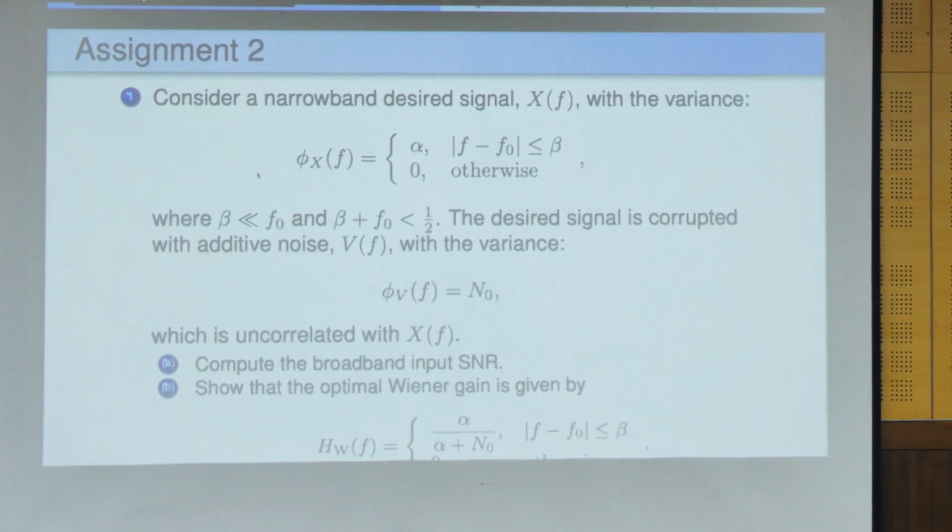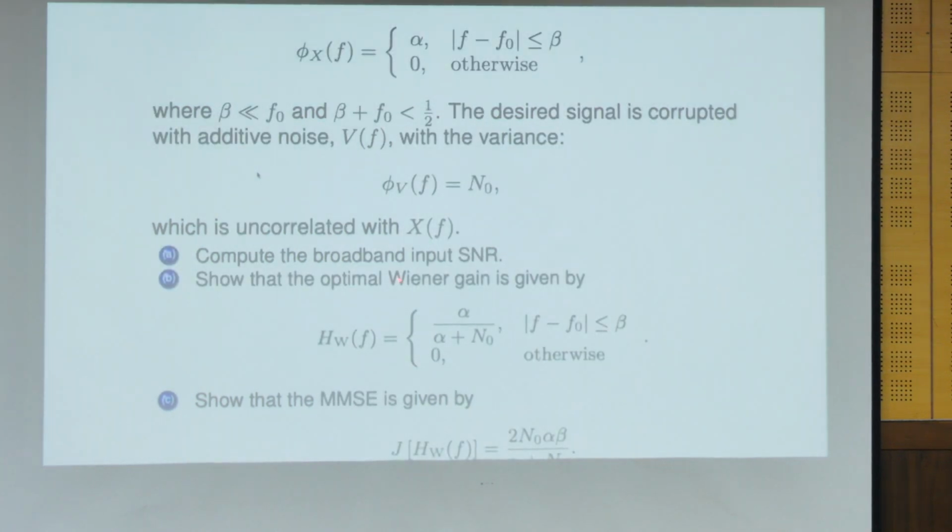So first you have a few theoretical problems, just to work with simple examples like this. You have the spectrum of a desired signal like this, and the spectrum of noise like this, which is white additive noise. Then I ask you to compute a few things: the input SNR, the Wiener gain. It's quite simple.